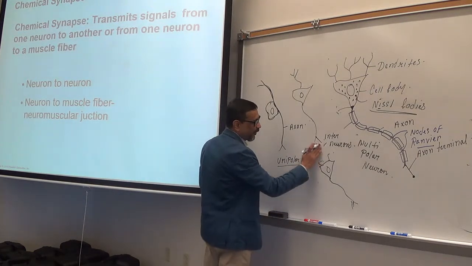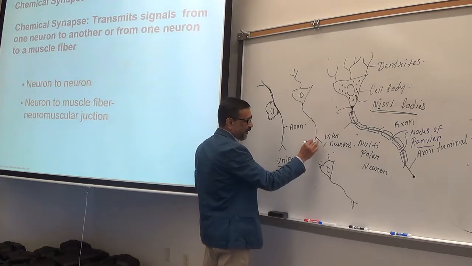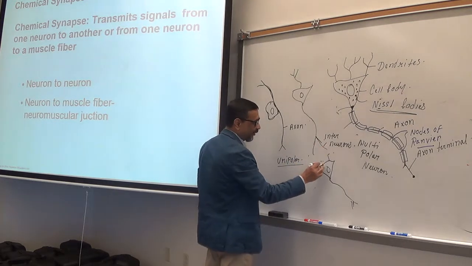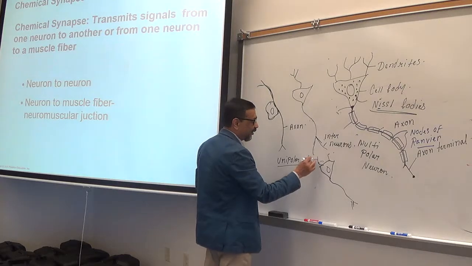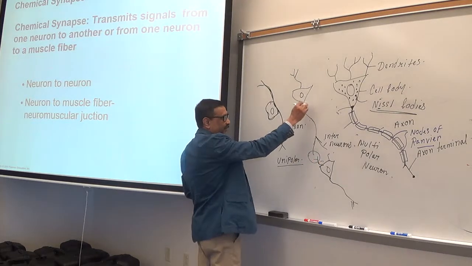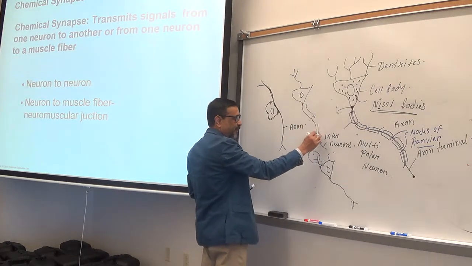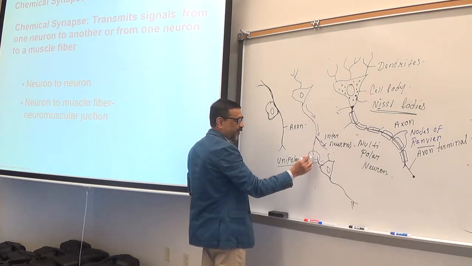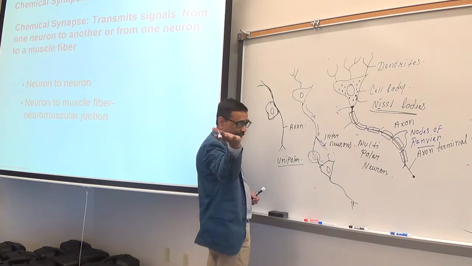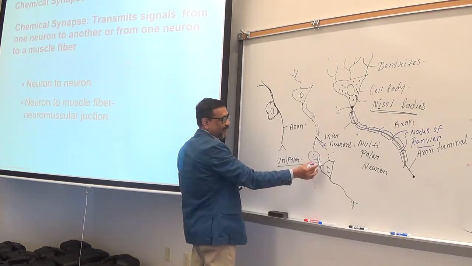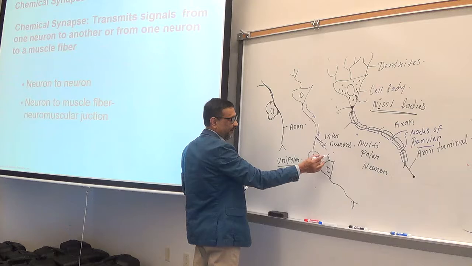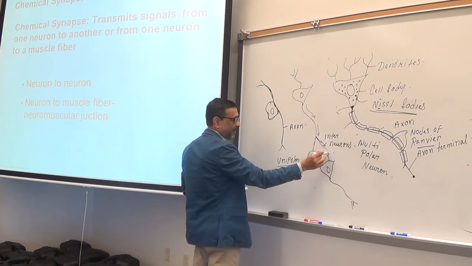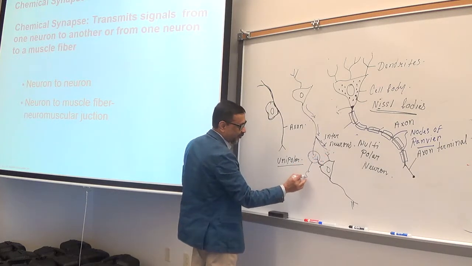If I remove this one, you see here, this is the axon terminal and this is the dendrite. So the electrical signal comes this way, you know that, and that releases neurotransmitter here, neurochemical, I showed you at the very beginning today, and this is the dendrite of the next neuron. So this is a synapse.